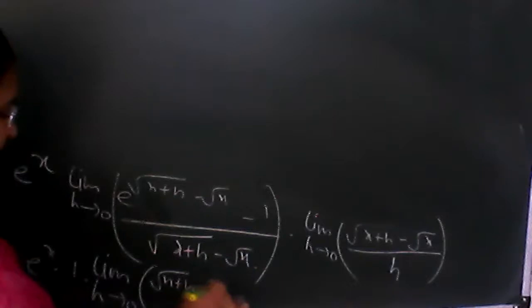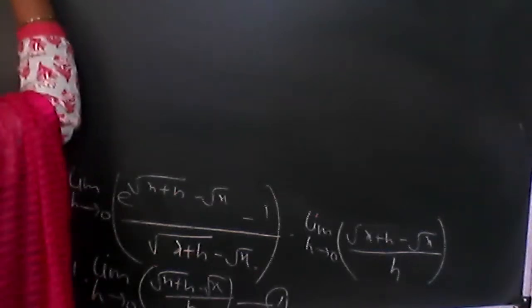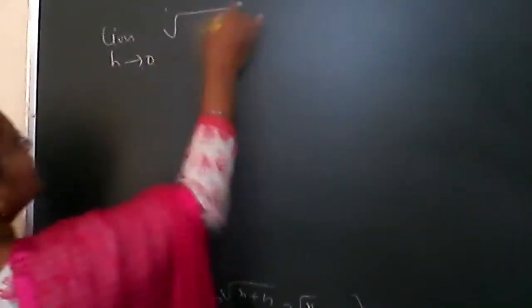Equation number 1 we will take. Now for evaluating this limit as h tends to 0 of root x plus h minus root x upon h.